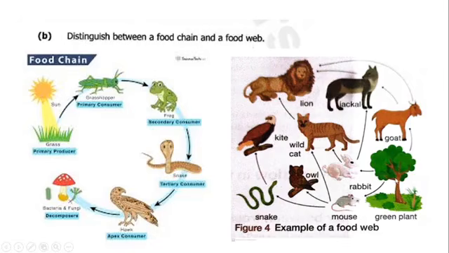Okay, what other difference can we notice, apart from the ones that I've mentioned? In the food chain, it's having fewer organisms, and this one more. I've explained this one. So these are some of the differences that exist between a food chain and a food web.